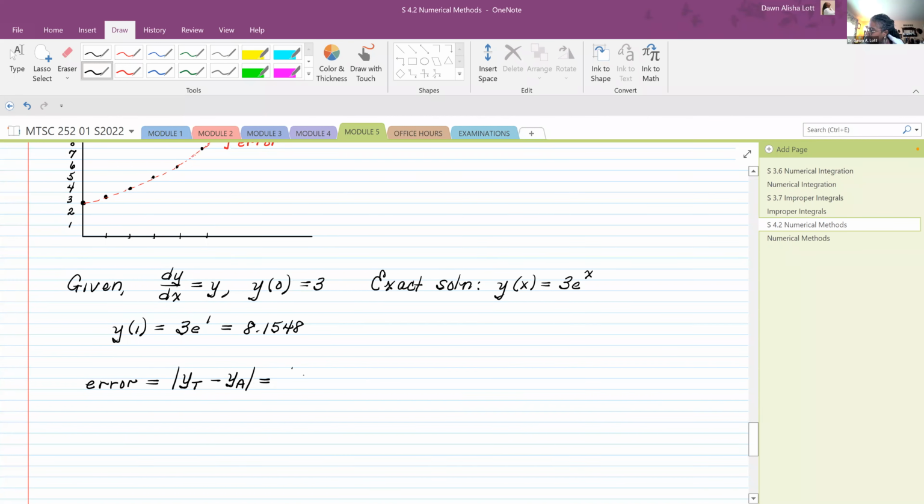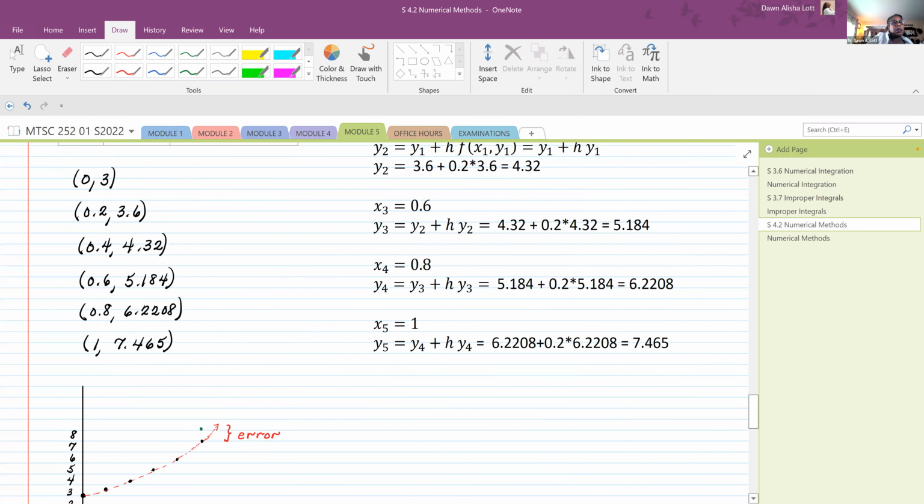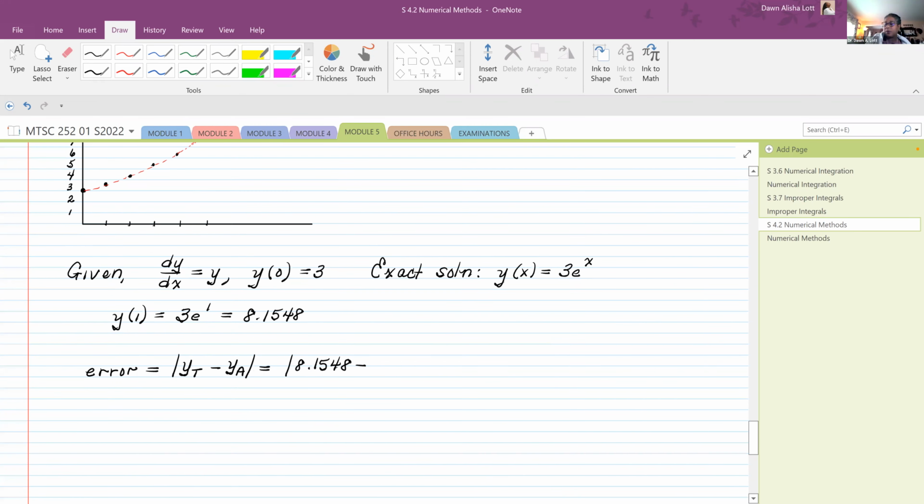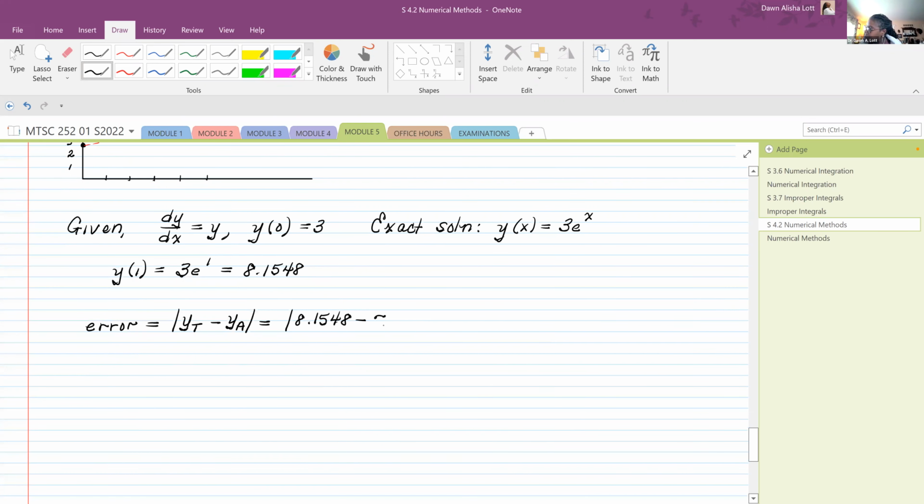So that's the absolute value of 8.1548, and subtract off, what did we get? 7.465. So that is 0.6898.